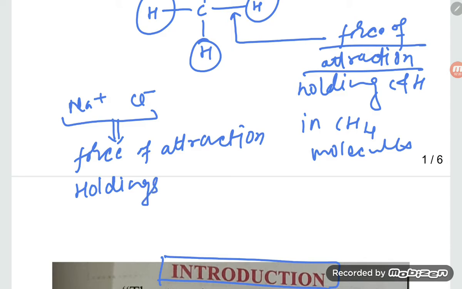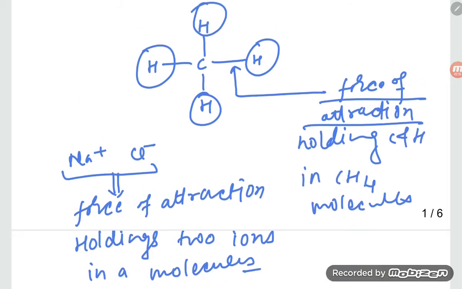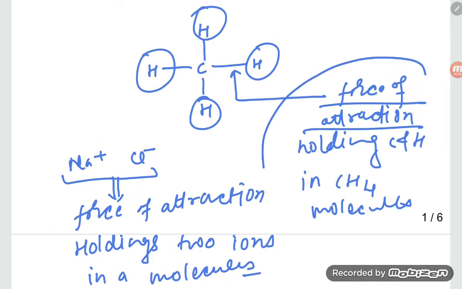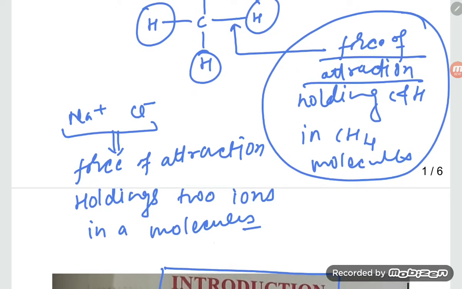That is known as a chemical bond. So try to understand, a chemical bond means the force of attraction which is holding two or more than two atoms in a molecule, or two or more than two ions in a molecule.